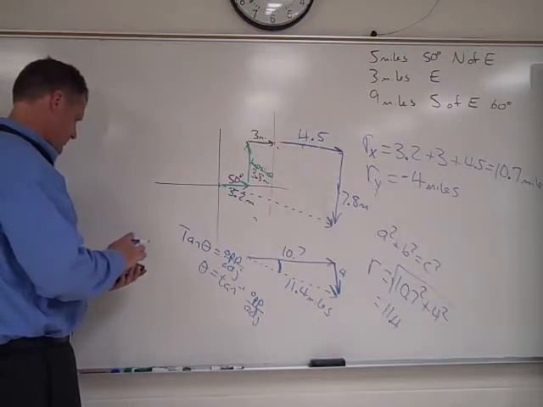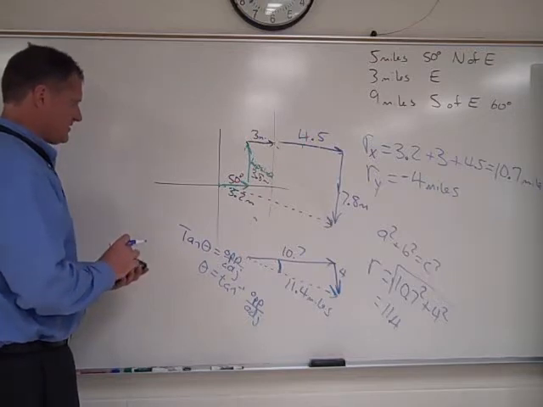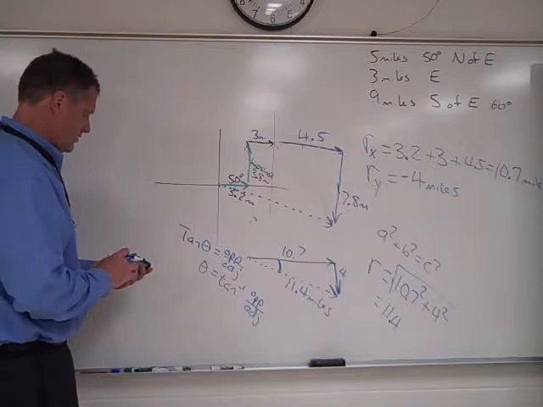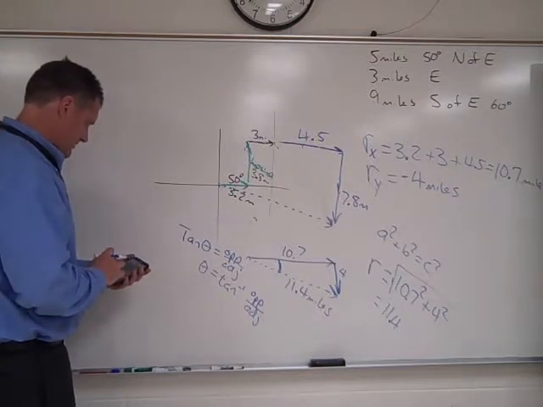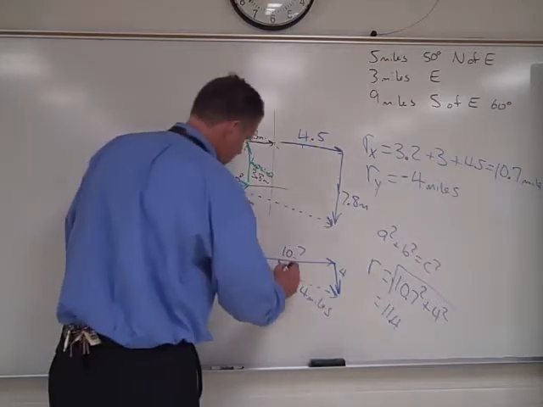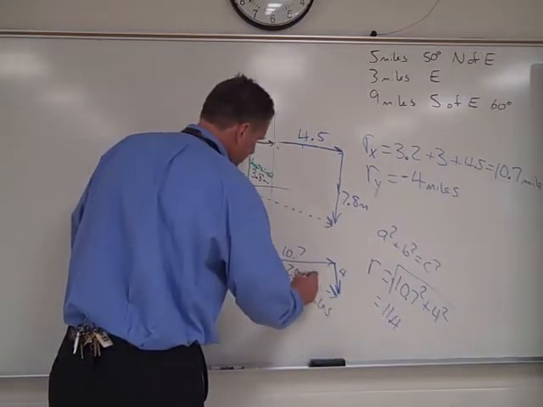So arctangent of 4 divided by 10.7. I've got 20.5 degrees.